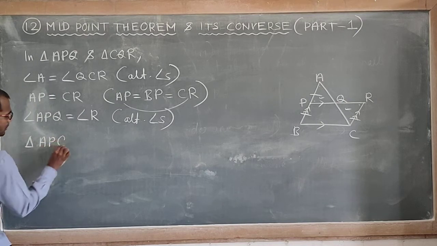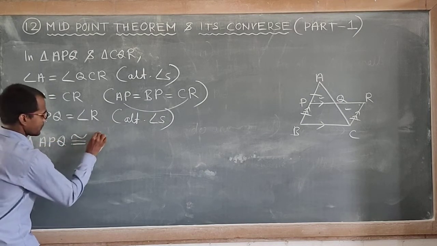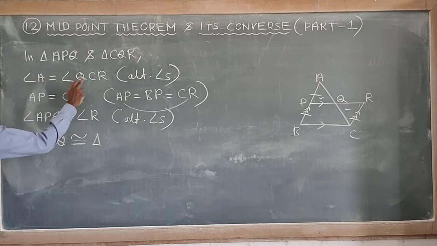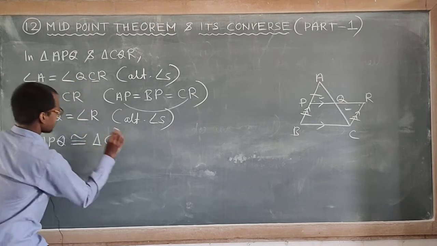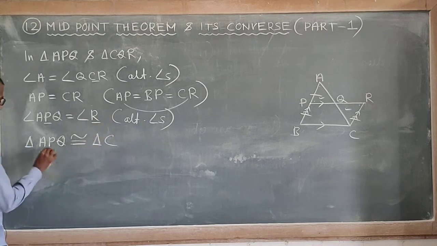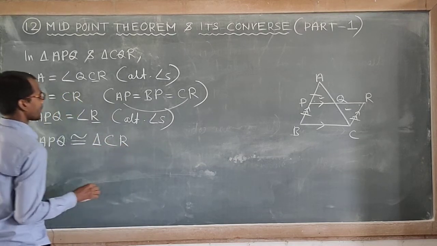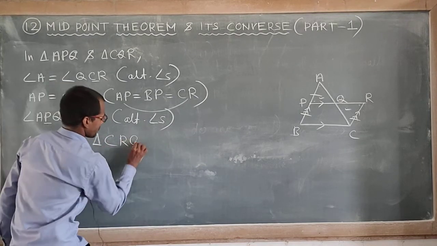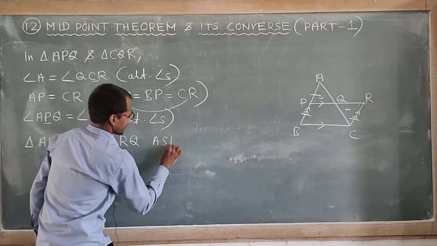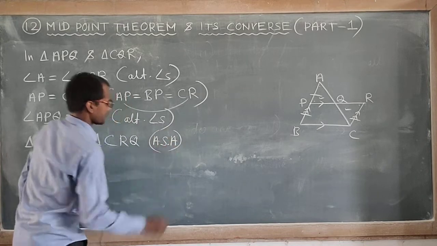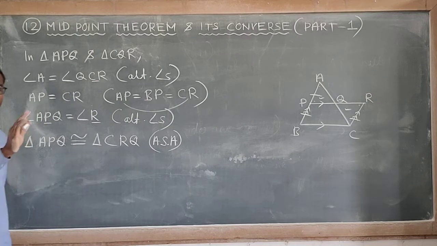Triangle APQ is congruent to triangle CRQ: A corresponds to C, P corresponds to R, P middle means R middle, last option is Q. ASA. So these two triangles are congruent by ASA postulate.